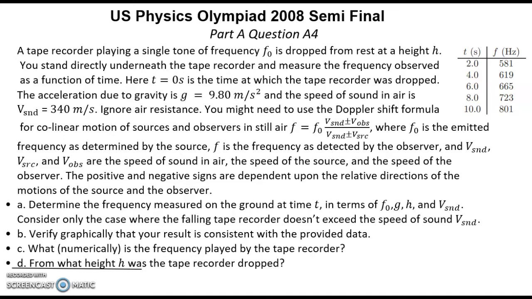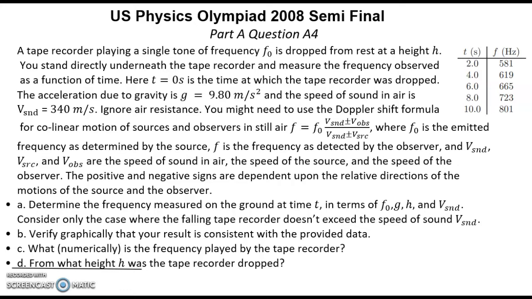Part A, problem A4. A tape recorder playing a single tone of frequency f0 is dropped from rest at height h. You stand directly underneath the tape recorder and measure the frequency observed as a function of time.